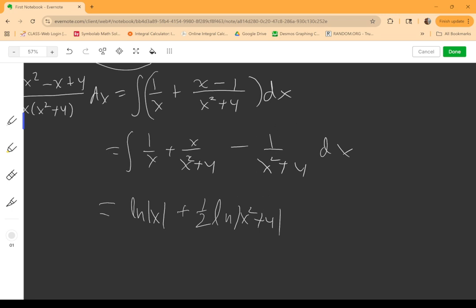I don't see the x up here, but it is a tangent inverse. It is one of our inverse trig integrals. So this is, where it's x squared plus a squared, a being 2, so 1 over a, 1/2, tangent inverse of x over 2. And of course, plus c. Okay, and that's how we can deal with our quadratic factors.